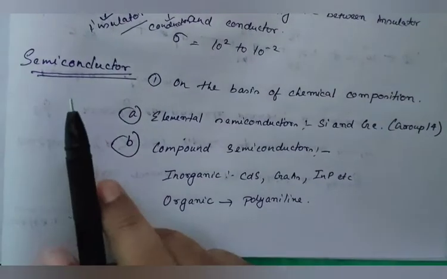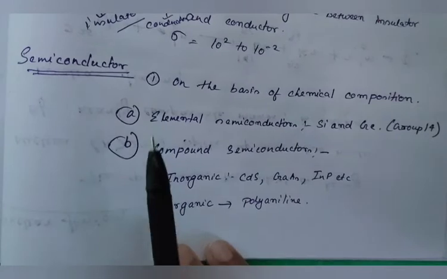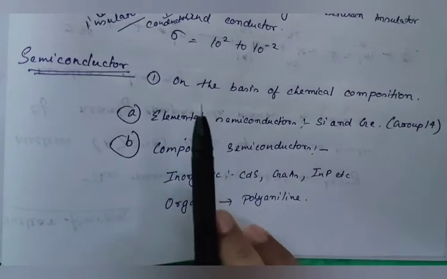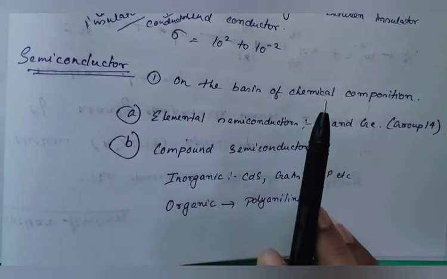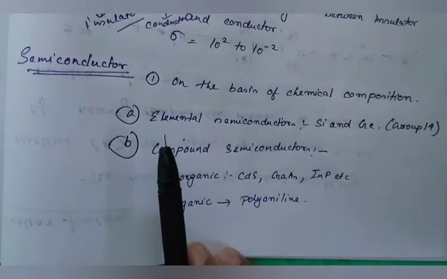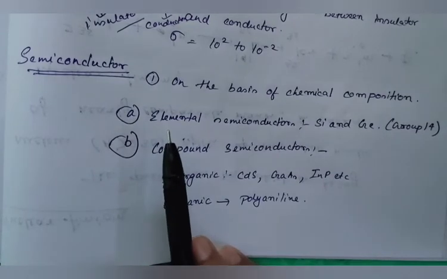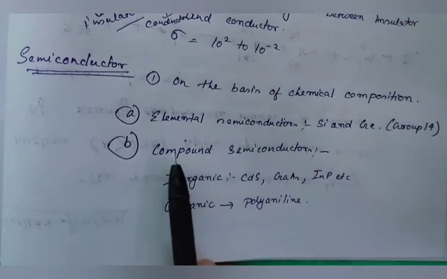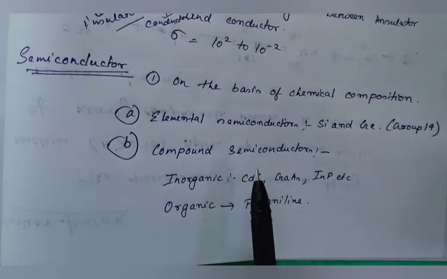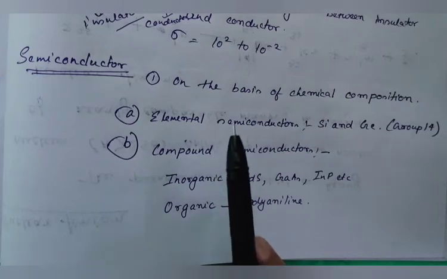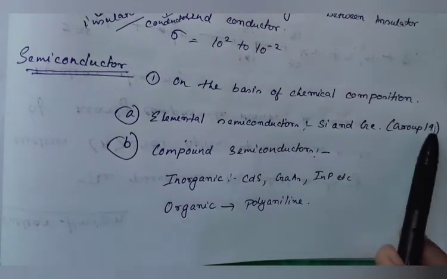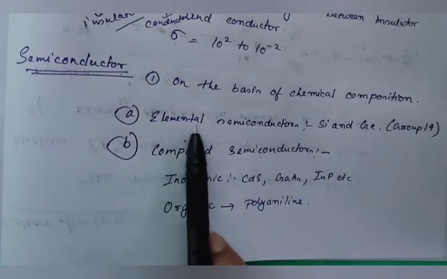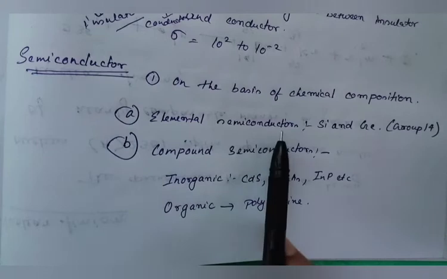So next is semiconductor. Now semiconductors are classified in several ways. First, on the basis of chemical composition, they are divided into two types. One is elemental semiconductor, another is compound semiconductor. If it is made with one single element, like with group 14 element, that is silicon and germanium, they are called elemental semiconductor.